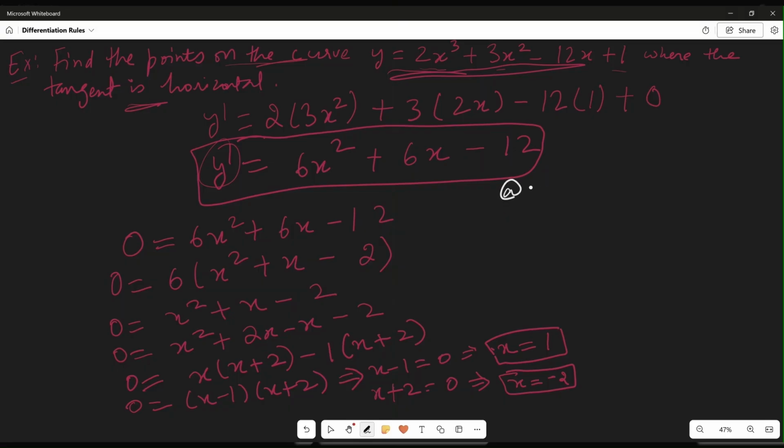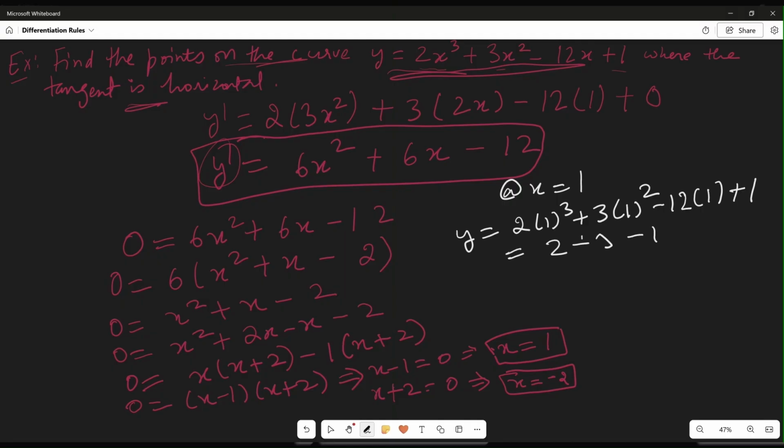At x equals 1, y is equal to 2 times 1 cube plus 3 times 1 squared minus 12 times 1 plus 1, which is equal to 2 plus 3 minus 12 plus 1. This is equal to negative 6.